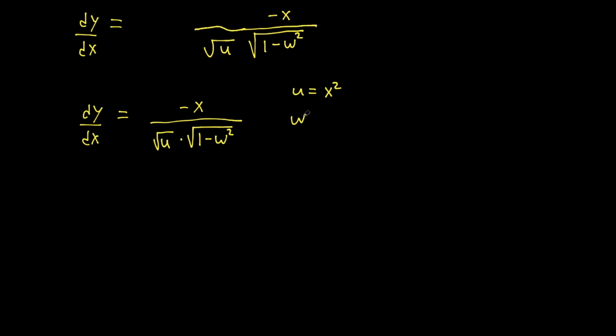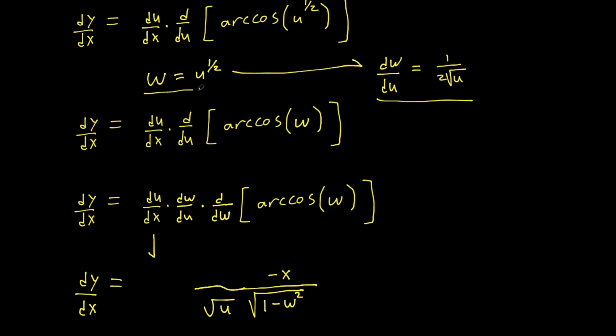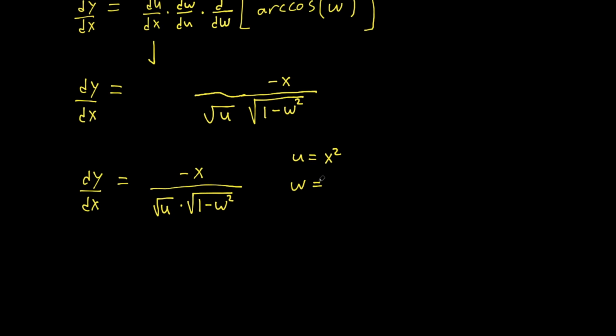And w is equal to u to the 1/2, which we get from here, which is going to be equal to x squared to the 1/2, which looks like the absolute value identity that we had up top. Absolute value is a shorthand for this.